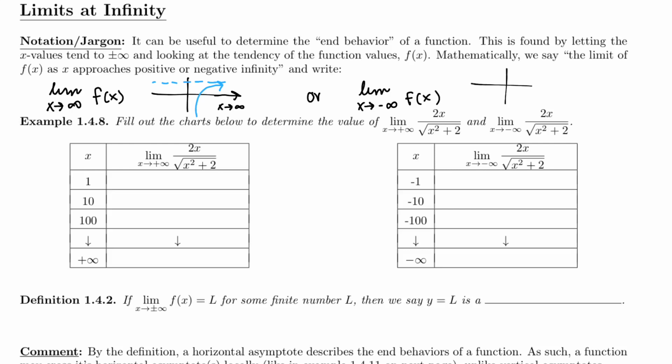And then going to negative infinity, we're talking as the x values go this way. Once again, you might have a graph that levels off like that, and the y values might tend towards one y value as you go off to negative infinity.